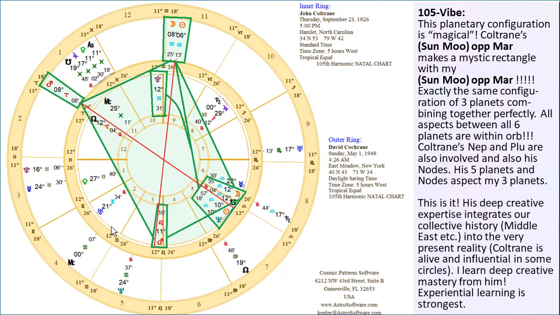So I'm going to give you a preview to the last video: when we look at the 35 vibe, which was one of the most important configurations for Coltrane, we compare it to my 35 vibe, and then we follow these trines up to the 105, boom, it's then magical with this incredibly strong mystic rectangle that involves both suns and both moons.